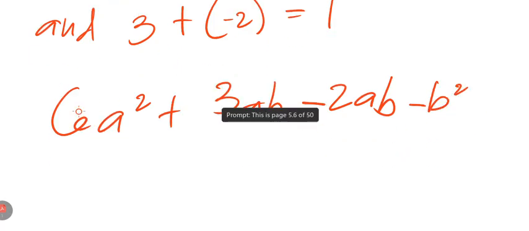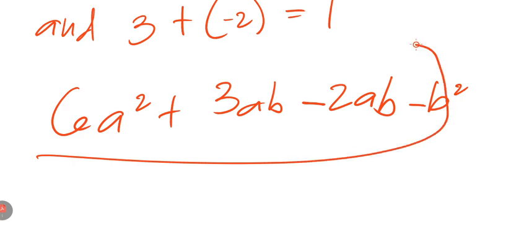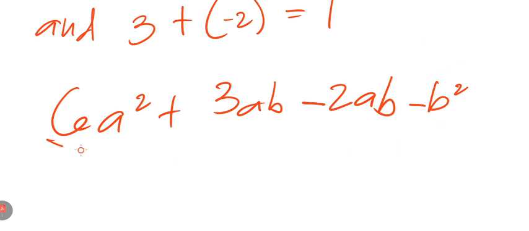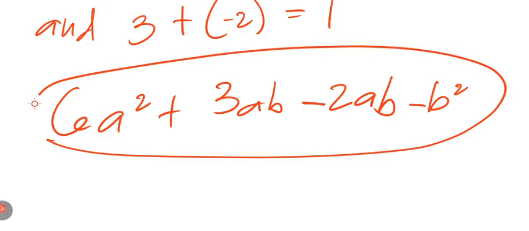This would be the rewritten form for the factorization of 6a squared plus ab minus b squared.